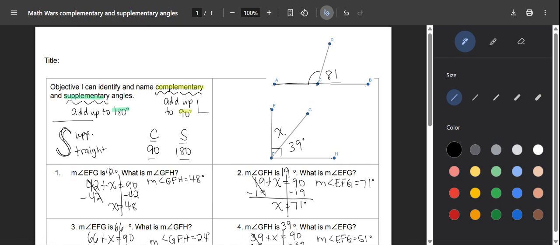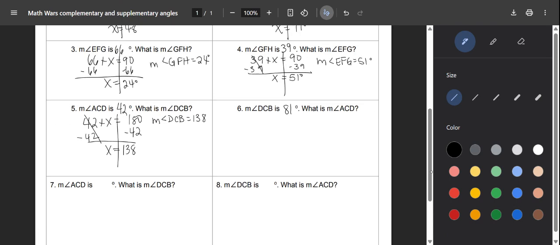Regardless, it still makes a straight line. So we'll say 81 plus x equals 180. Subtract 81 from both sides. And that tells us x is equal to 99. So we would say as our final answer, the measure of angle ACD equals 99 degrees.